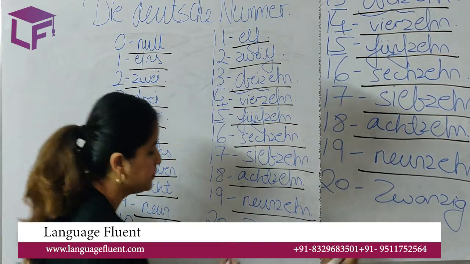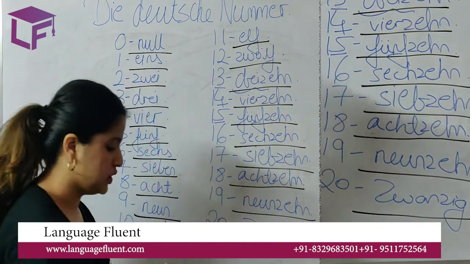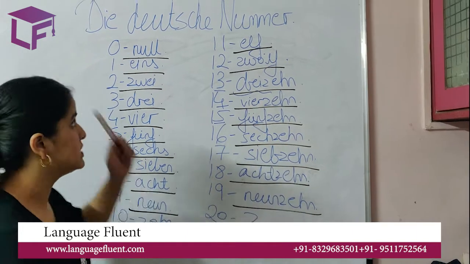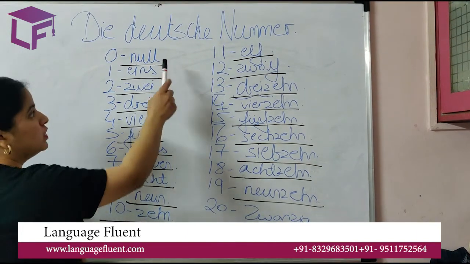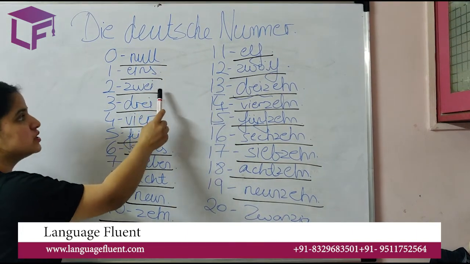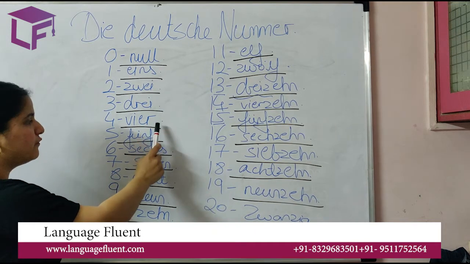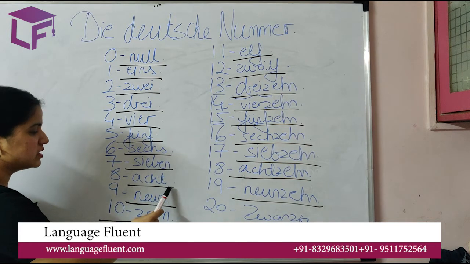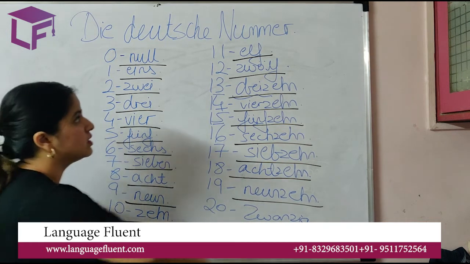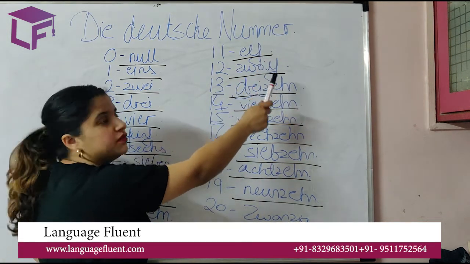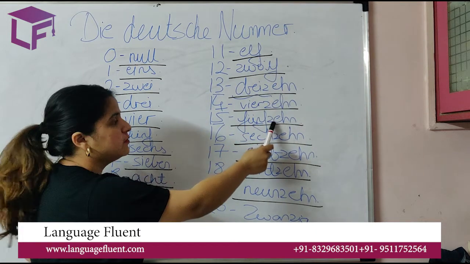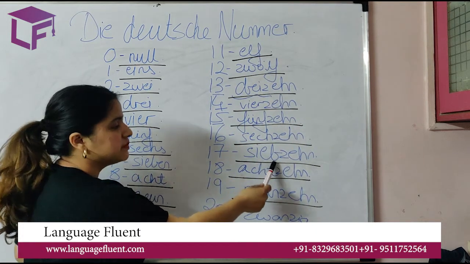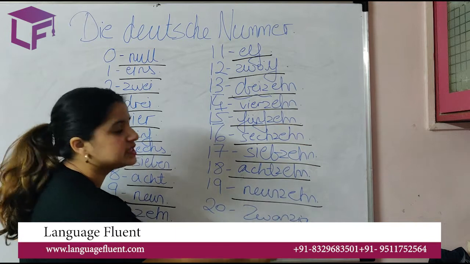And 20. So these were the numbers from 0 to 20. 0, 1, 2, 3, 4, 5, 6, 7, 8, 9, 10, 11, 12, 13, 14, 15, 16, 17, 18, 19, 20.